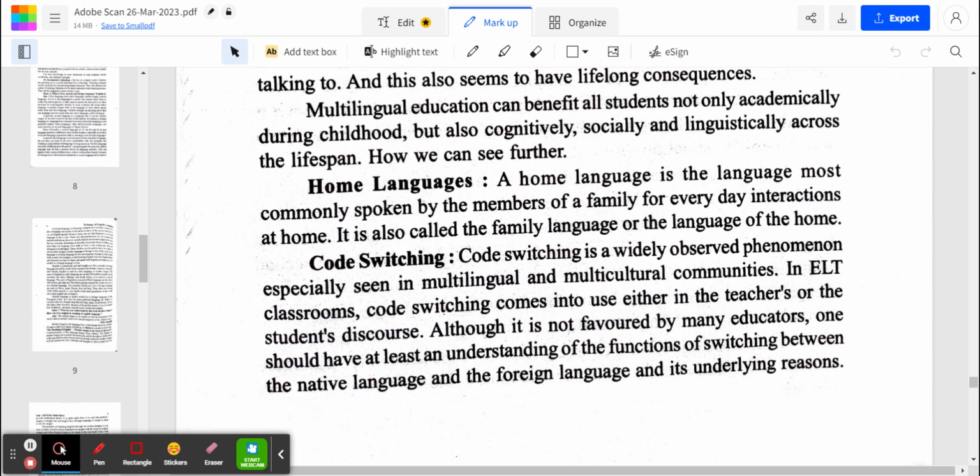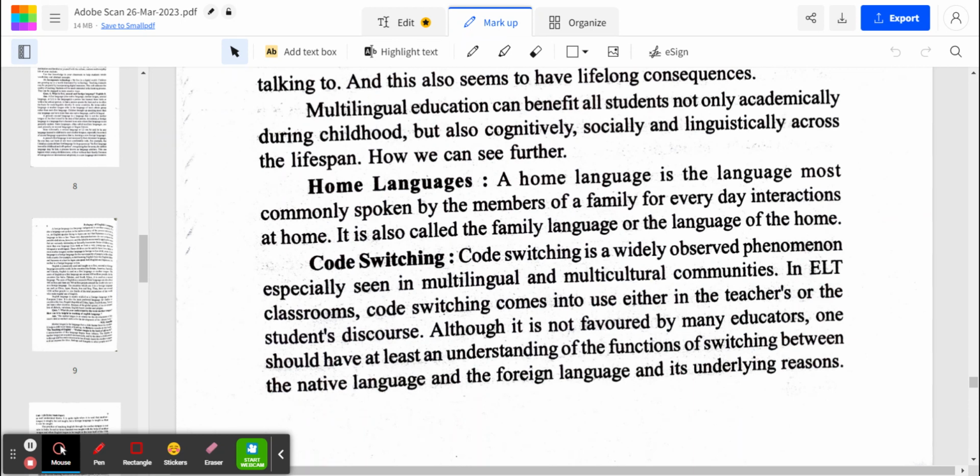Code switching. Code switching is a widely observed phenomenon, especially in multilingual and multicultural communities and in the ELT classroom. Classroom code switching occurs either in the teacher's or the students' speech, although it is not favored by many educators.